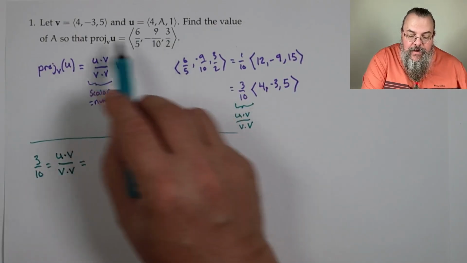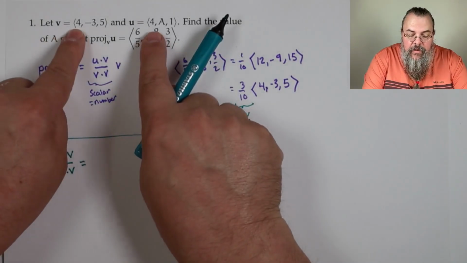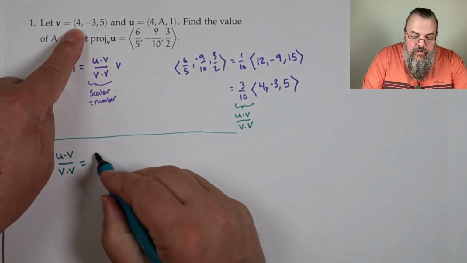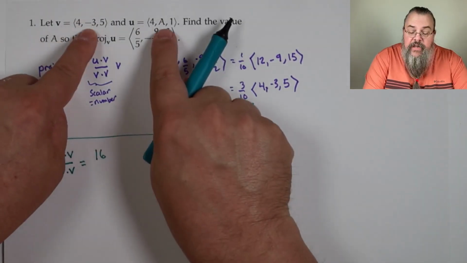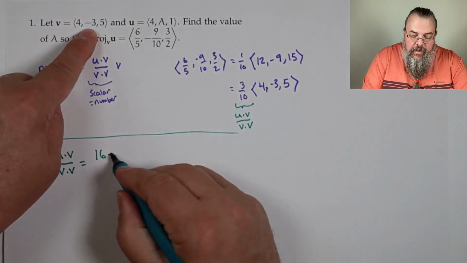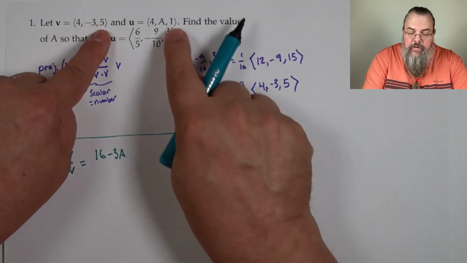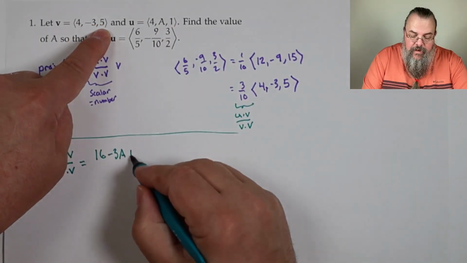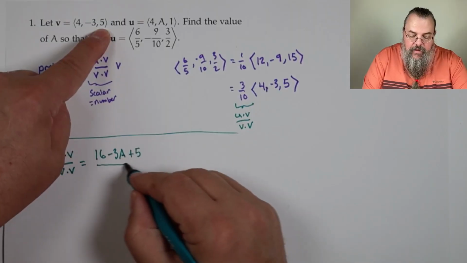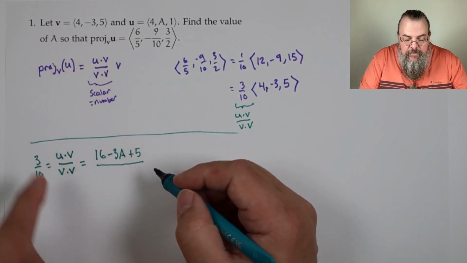We have our U and V up here, so we say, okay, U dot V. We take 4 times 4, 16. Minus 3 times A, minus 3A. 5 times 1, 5. All right, divide that by V dot V.